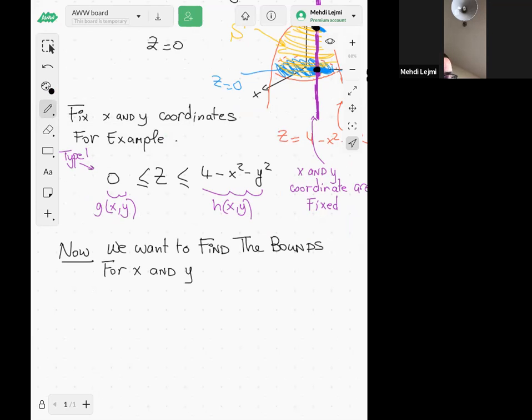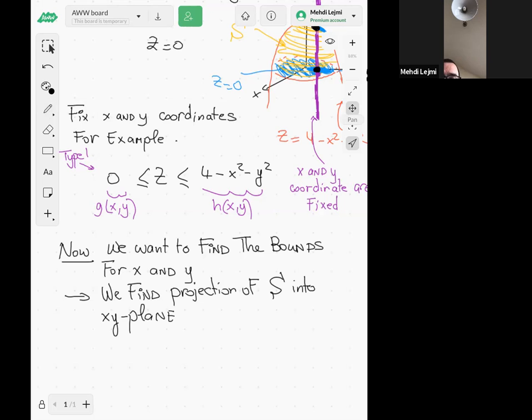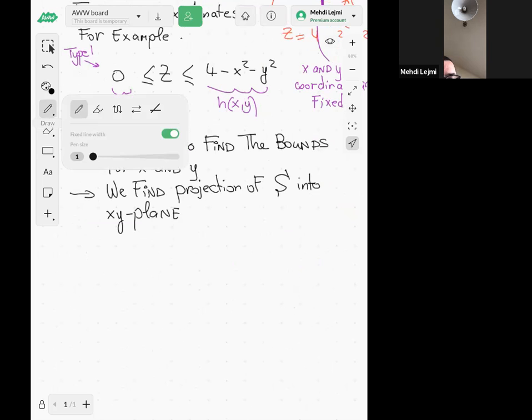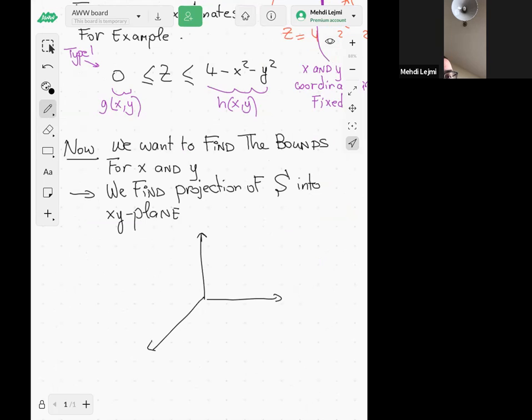What we do is take the projection of our solid into the xy plane. Again, what do I mean by this projection? That's what I explained a little bit on Tuesday. Let me graph the solid again. Our solid S is this one here.